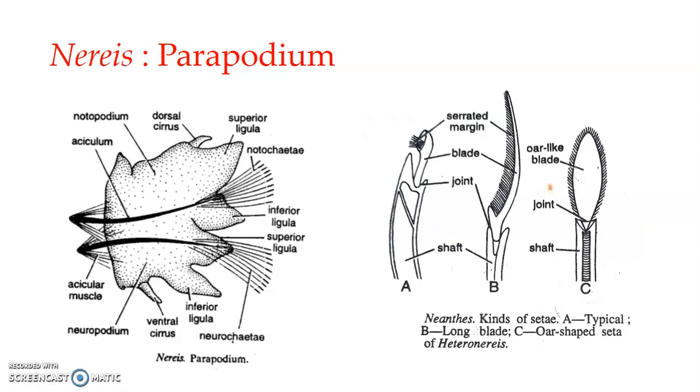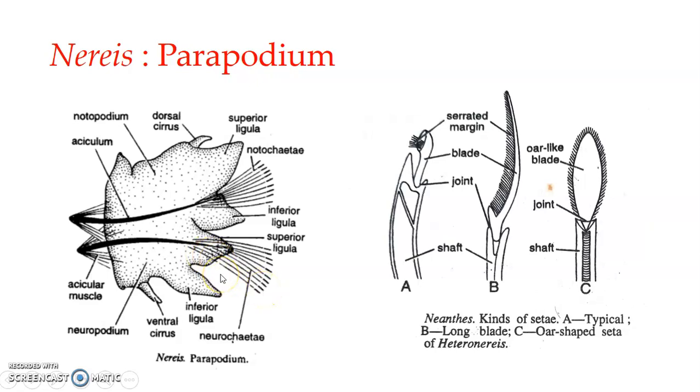Now, each part, the notopodium and the neuropodium, also bears a bundle of long, fine chitinous bristles, the setae. The one present on the notopodium is known as the notoseta, and the one present on the neuropodium is known as the neuroseta.